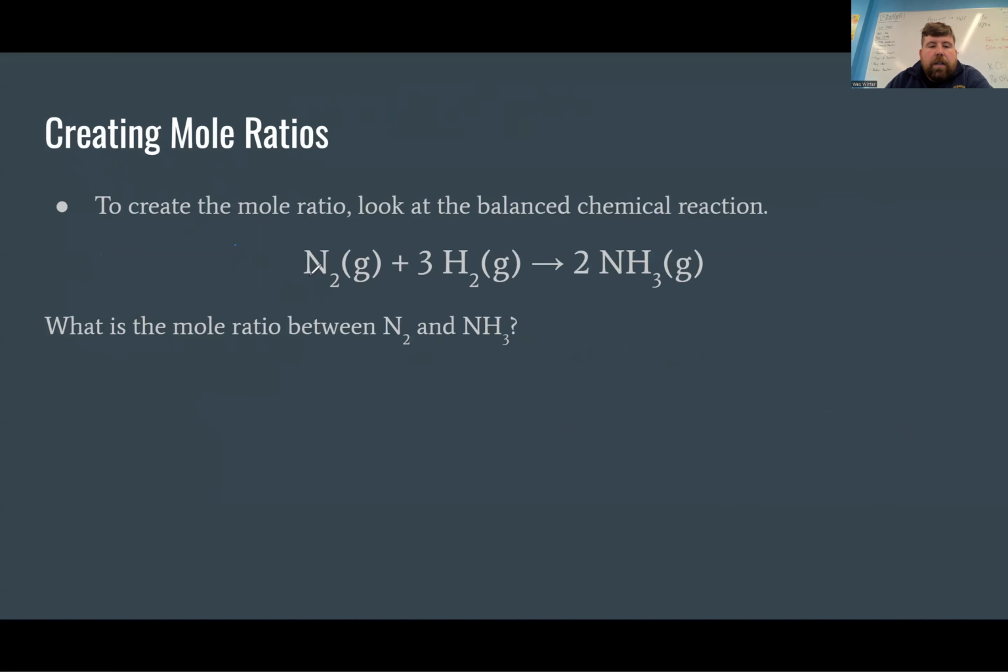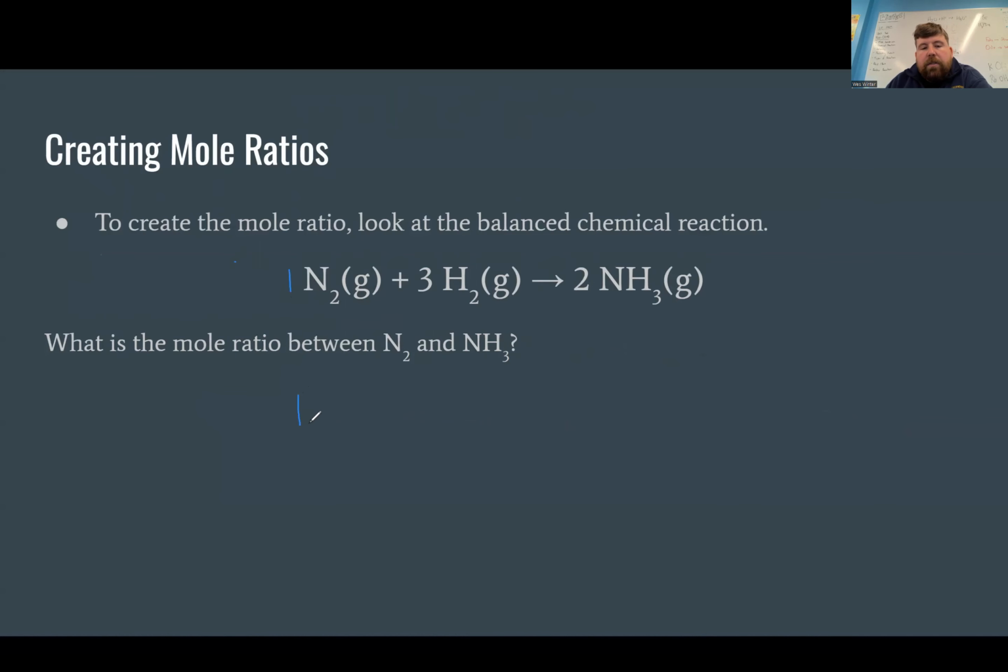I know that 1 mole of N2 is equal to 2 mole NH3. This just comes from the numbers that are here, and it doesn't matter what chemicals I'm relating. If I was looking at N2 and H2, I would say 1 mole of N2 to 3 moles of H2. But I was just asking about N2 and NH3 for this particular example.